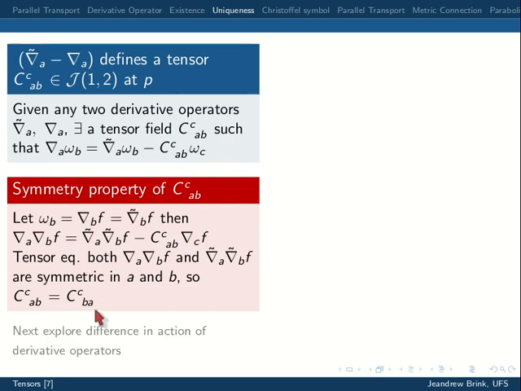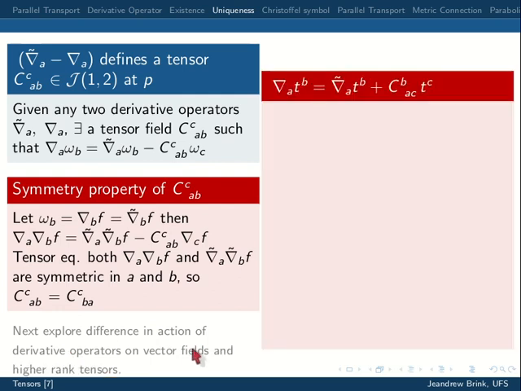Now what we're going to do is explore the difference between the action of derivative operators on vector fields. So we've got (0, 1) tensors, which is basically the dual space of your vector field, and let's go back now and use the information to explore the impact it has on vector fields and on higher rank tensors.